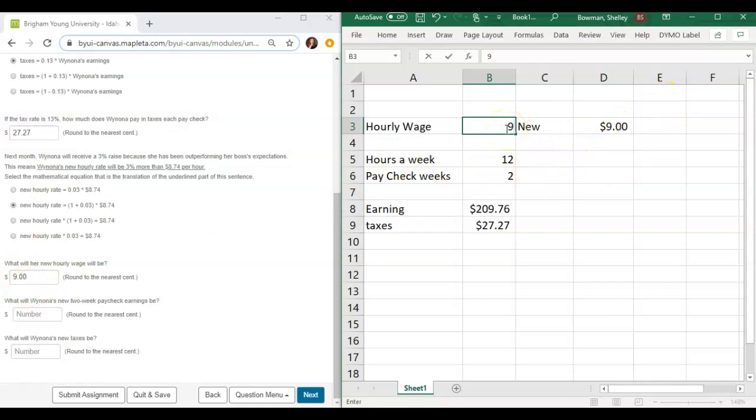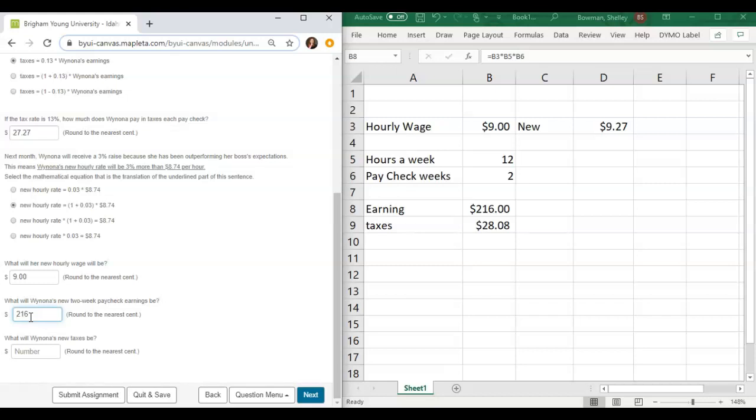If I change this to a 9 and press enter, this calculation down here is now calculating everything above it with the new $9, and we have her new earnings of $216, which will be her new 2-week paycheck. Much faster than redoing this entire thing by hand.